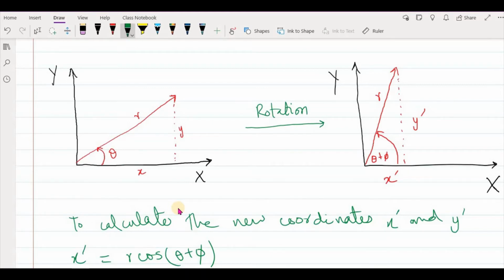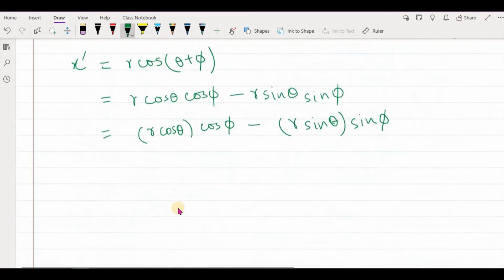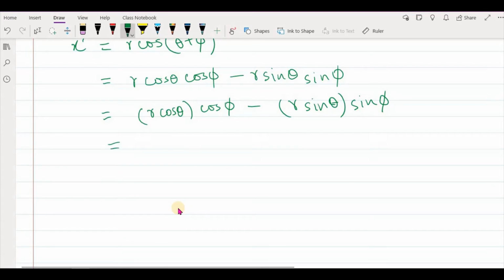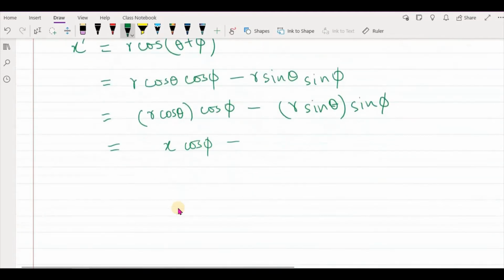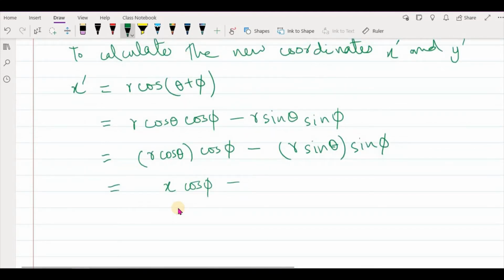So we know that this base component, x component, will be equal to r into cosine of theta. So we can write here x instead of r cosine theta, x cosine phi minus, and similarly for r sine theta, we can write down the value of y here. So r sine theta is y sine phi, and this is x dash.